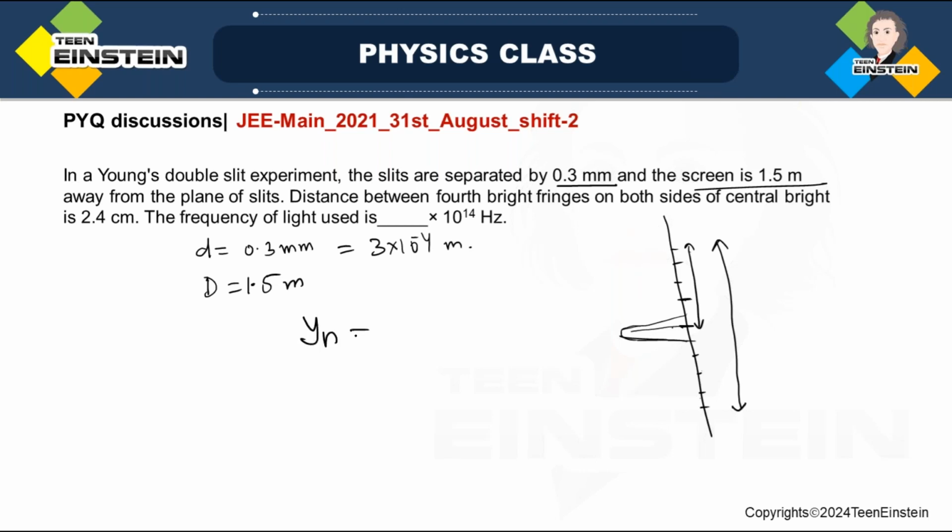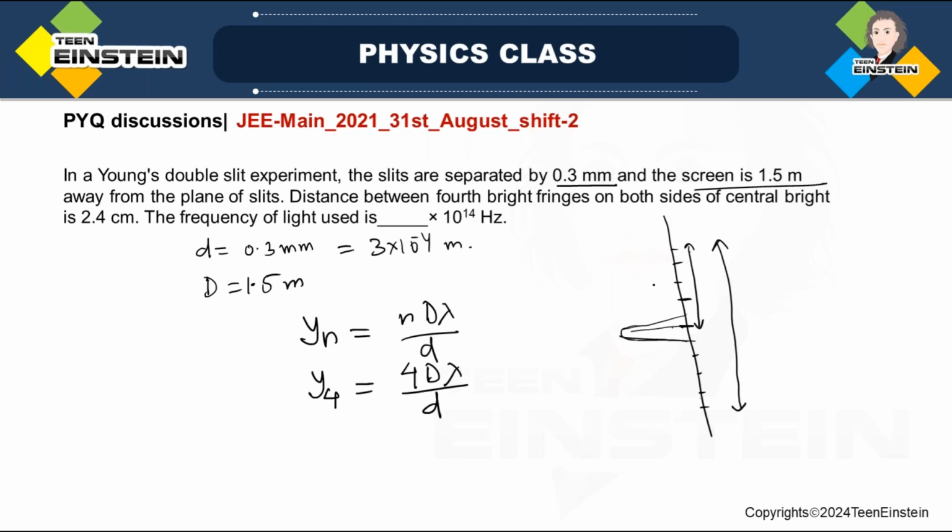Yn is equal to n d lambda by small d. So if I write the fourth bright fringe, then the distance will be y fourth is equal to 4 d lambda by small d.